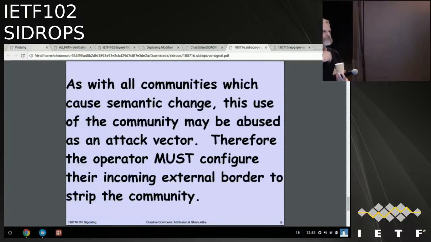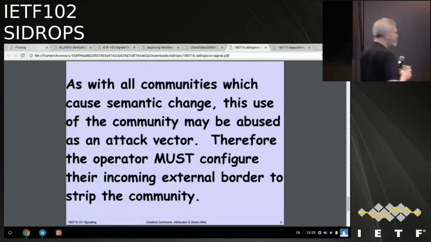Communicate the invalids, or communicate what it needs to say, rather than recirculate the invalids with a community that differentiates them from other things. The use of a new AFI, in my opinion, would be safer because you need to agree on the AFI. We can put in stuff like this AFI can only work on IBGP sessions. Keep this out of IPv4 unicast and IPv6 unicast, and we're good to go.